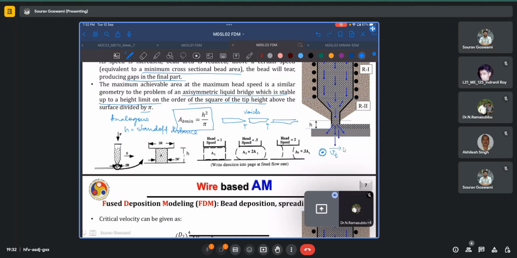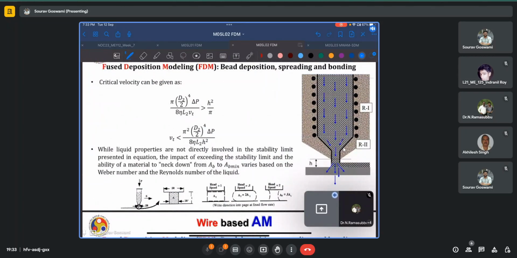This is to maintain the mass conservation or the continuity equation. Similarly, if I increase the head speed to twice the original value, it is expected that the cross-sectional area of my deposited bead will simply become half. Thus, it is possible to modulate or control the cross-section of the deposited track by controlling the head speed, but we have to be careful not to exceed the critical values.